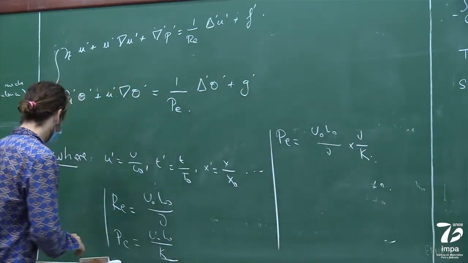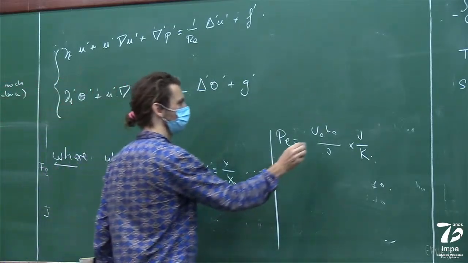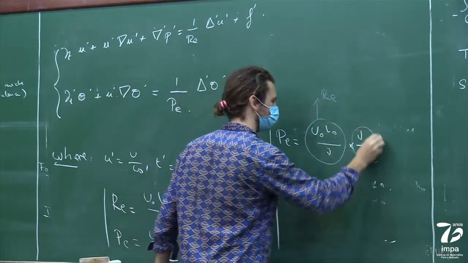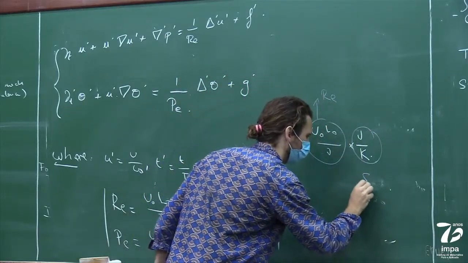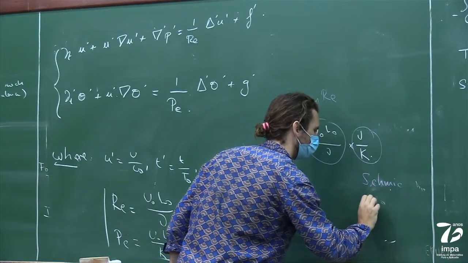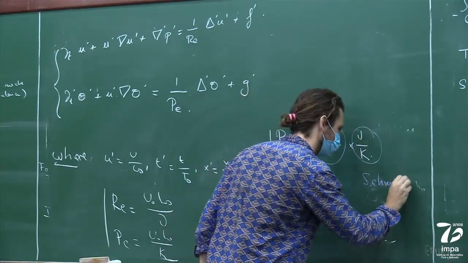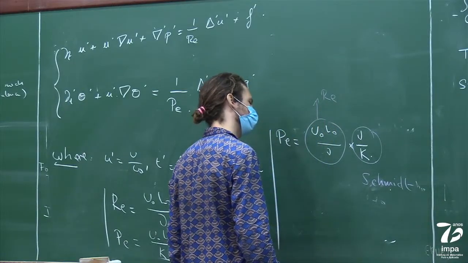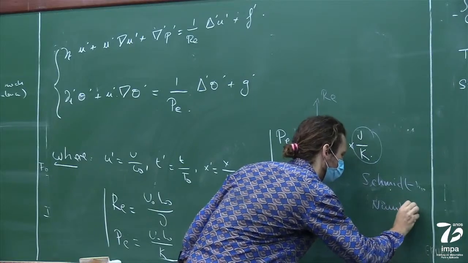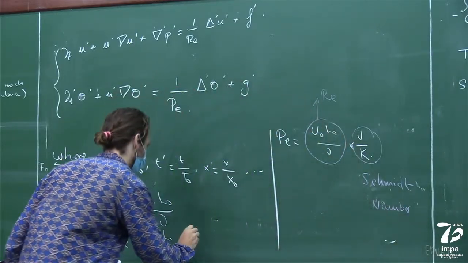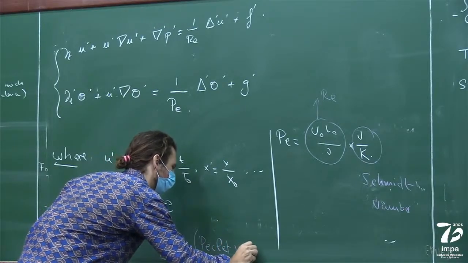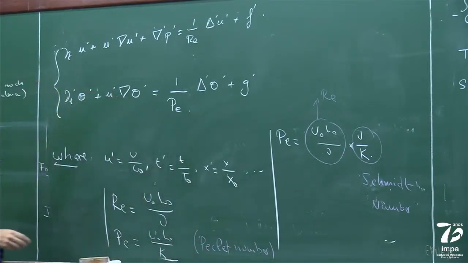So this is Reynolds, and this is the Schmidt number. Sorry, and this is the Peclet number.